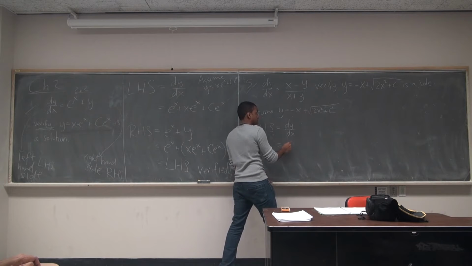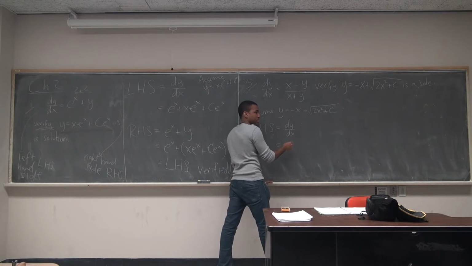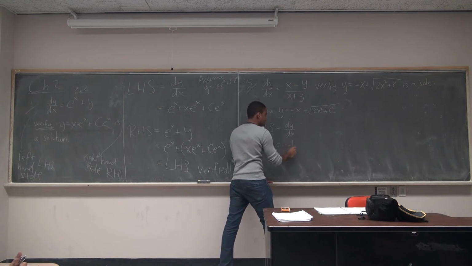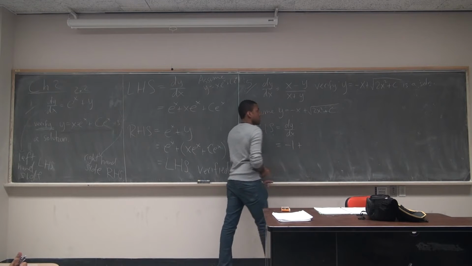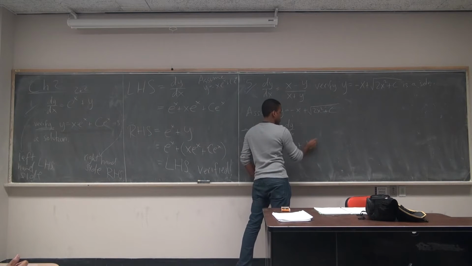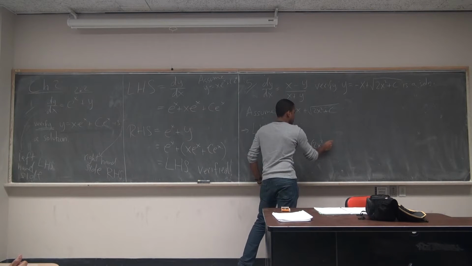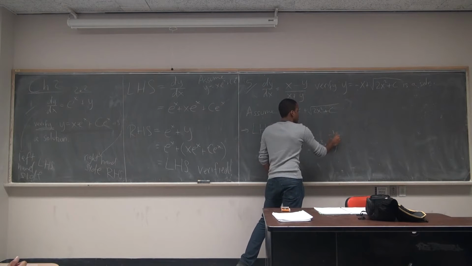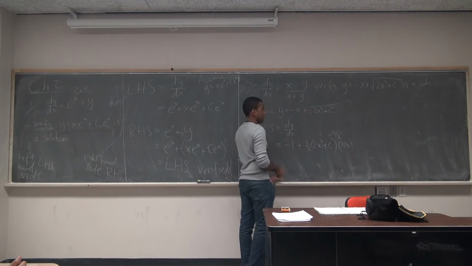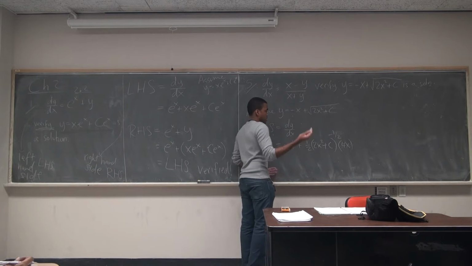Find the derivative. What's the derivative? Minus 1 plus 1/2 times (2x squared plus c) to the -1/2 times 4x.